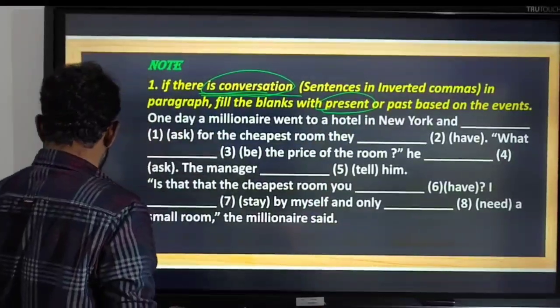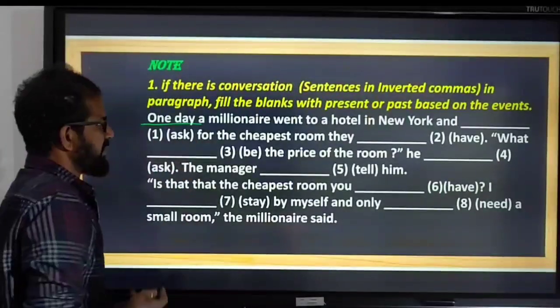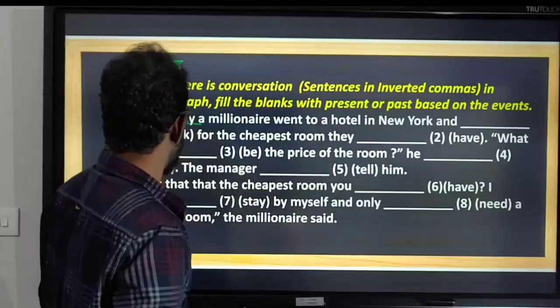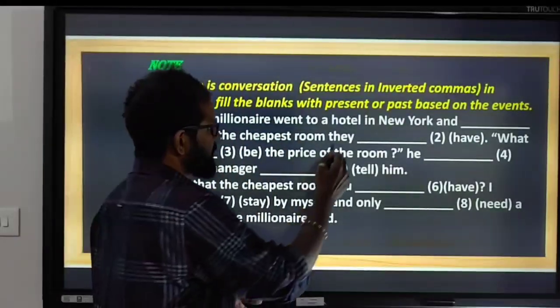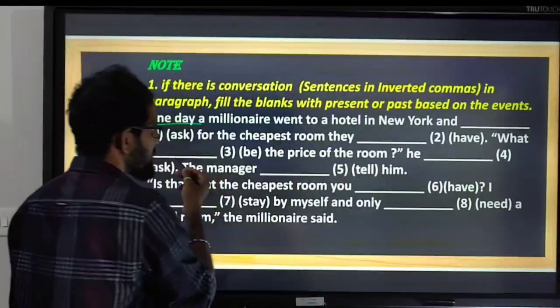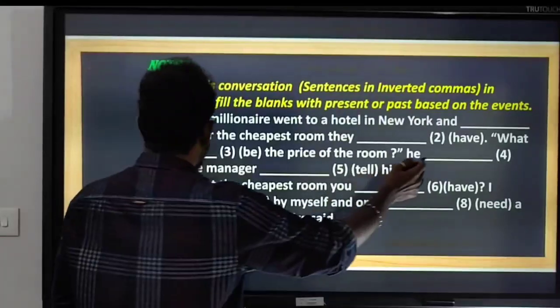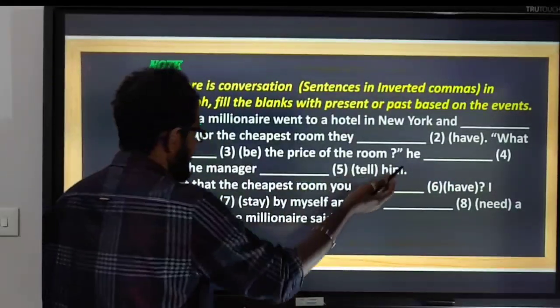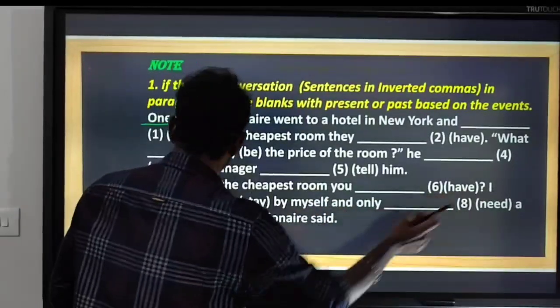Let us take the example given here. One day, a millionaire went to a hotel in New York and asked for the cheapest room they have. What the price of the room? He asked. The manager tell him, is that the cheapest room you have?